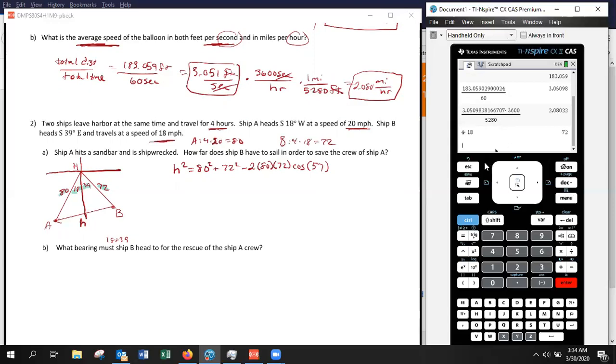So I will have 80 squared plus 72 squared, and then it'll be minus 2 times 80 times 72, and that would be times the cosine of the angle in between, which is 57.